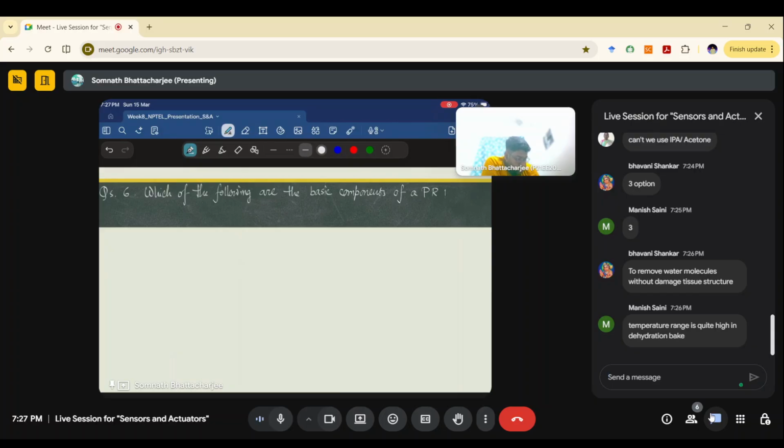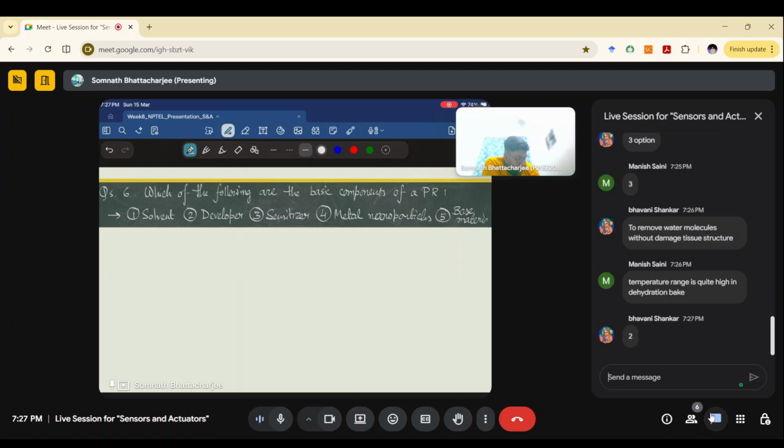Your options are: 1, solvent; 2, developer; 3, sensitizer; 4, metal nanoparticles; and 5, base material. Which among these are?